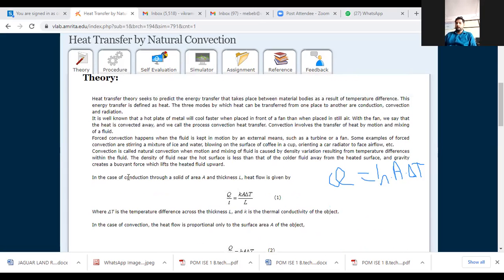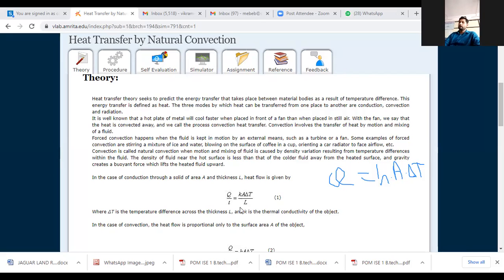In conduction we have discussed that when heat is transferred within a body, or between bodies which are in physical contact with each other, that heat transfer will be called conduction heat transfer. We can formulate the heat transfer rate by conduction using Fourier's law.